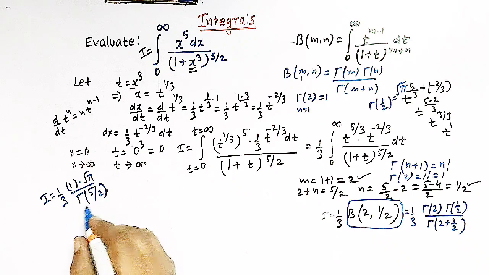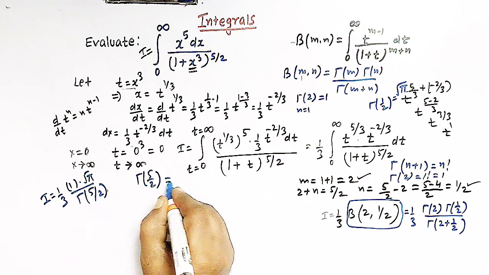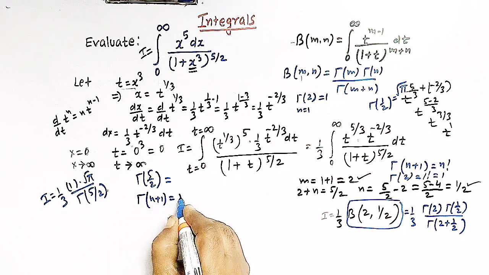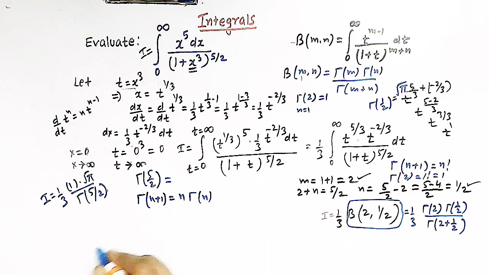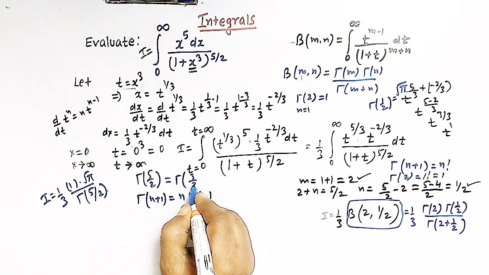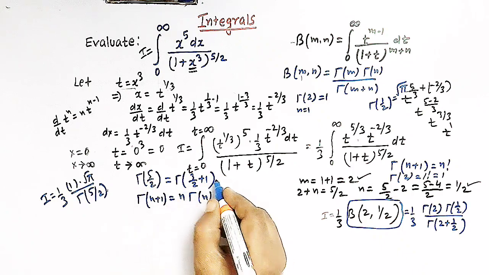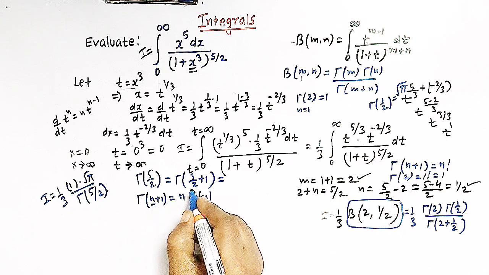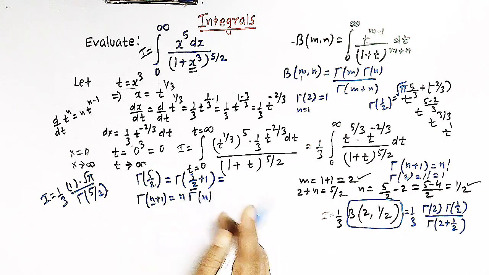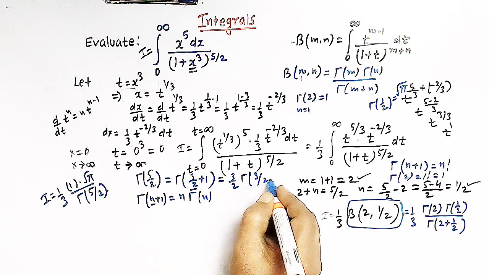So here we have square root of pi, and in the denominator we have gamma of 5 over 2. So now let us write the value of gamma of 5 over 2 with the help of this relation, that is gamma n plus 1 is n times gamma n. So here gamma 5 over 2 can be written as 3 by 2 plus 1. We can split 5 over 2 as 3 by 2 plus 1. So now our n is 3 by 2. So taking n is equal to 3 by 2 in this relation, we have 3 by 2 gamma 3 by 2.